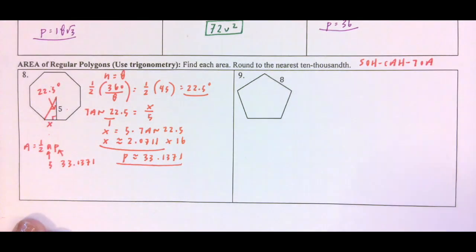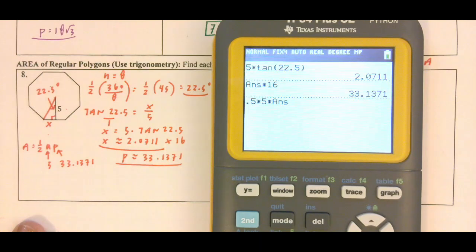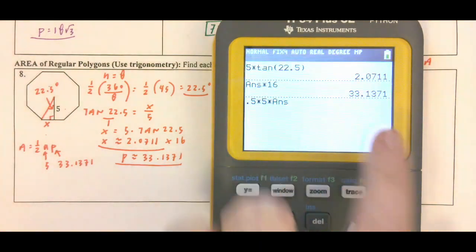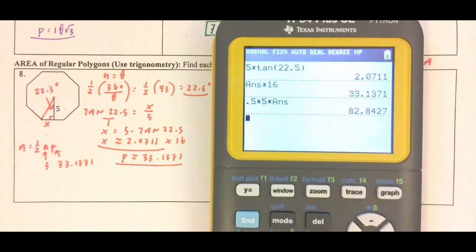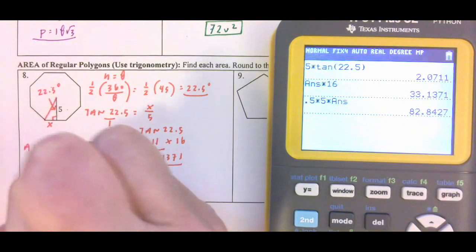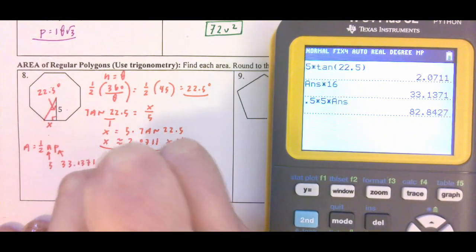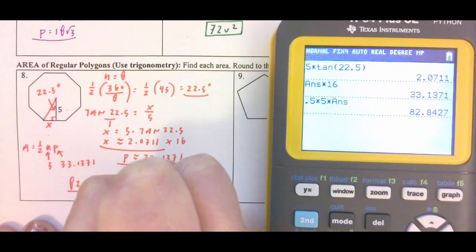Okay, so if I multiply that across, I can say 0.5 times 5 times that previous answer. If I do it all with everything here previously in my calculator, I'm keeping it nice and precise. I'm not rounding until the very end. So my final answer for area is about 82.8427 square units.